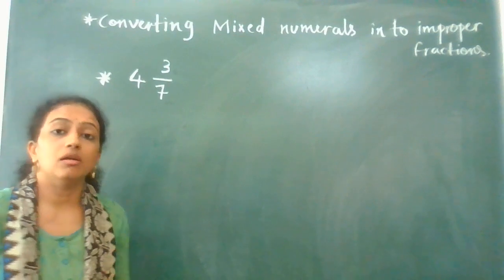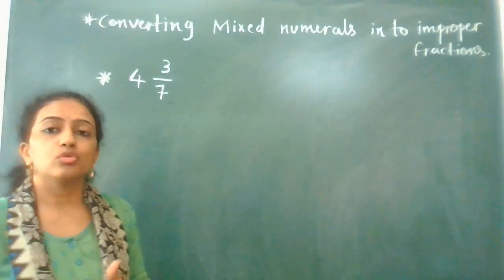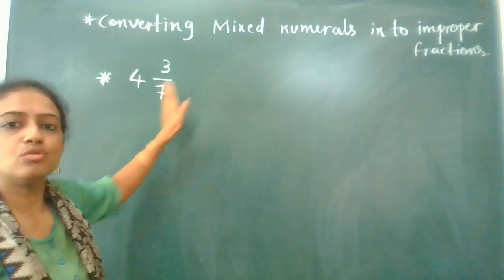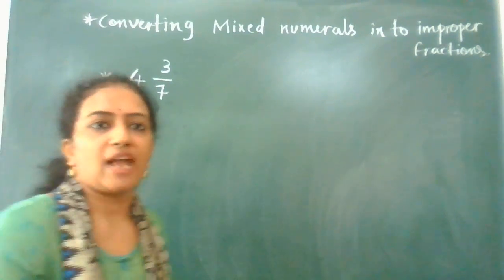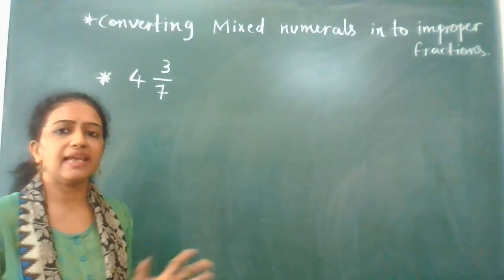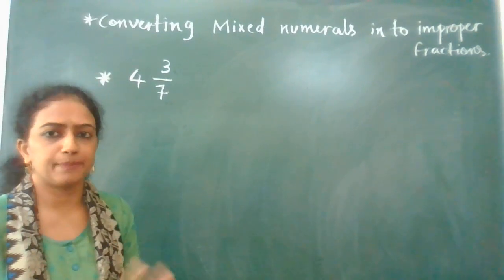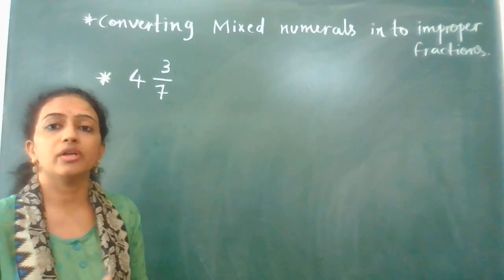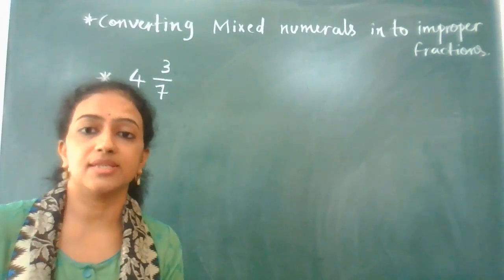Okay, so let's learn how to do the calculation, how to convert this mixed numeral into an improper fraction. Now this is a very simple calculation. You just have to remember the steps. But as I have said, the steps are to be done properly, and you cannot skip the steps.